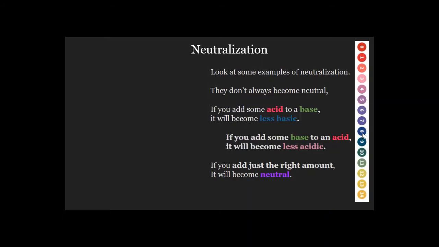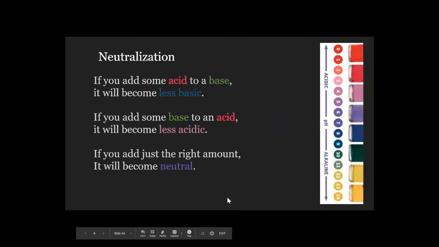So we started with an acid, which was pretty acidic down here at 2. I added a base that was about 10 or 11. As the base was added, it got more and more pink, and more purple. So it went from 2 to 3 to 4 to 5 to 6. And then eventually, as I kept on adding base, I got it to become neutral.